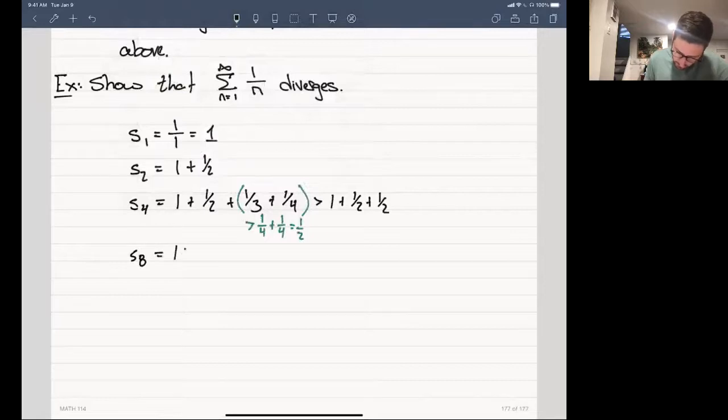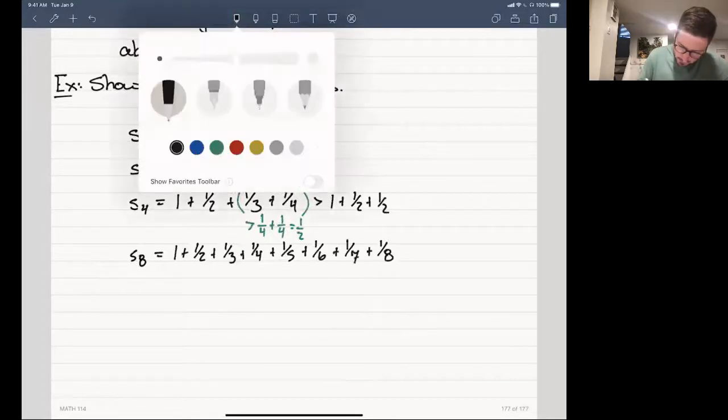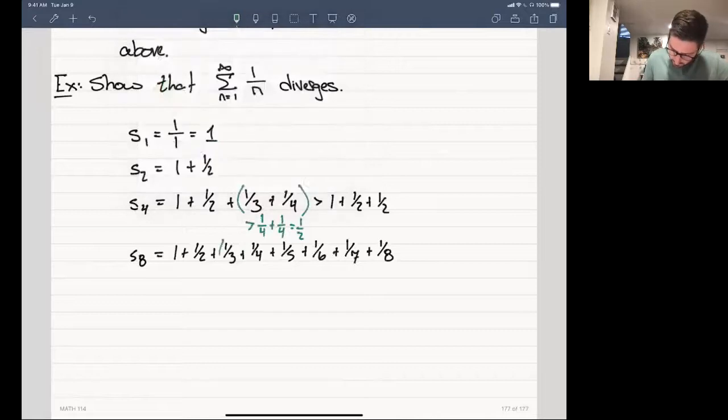This is 1 plus 1/2 plus 1/3 plus 1/4 plus 1/5 plus 1/6 plus 1/7 plus 1/8. In this case, I again do the same thing with 1/3 and 1/4. This is bigger than 1/2. Then I look at the next 4 terms, and every single one of those terms is bigger than 1/8, the last term.